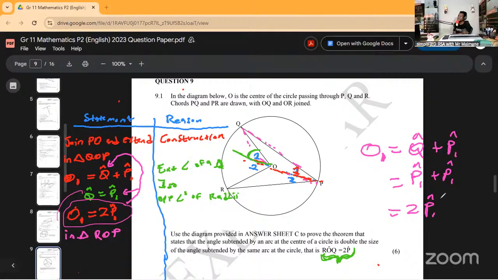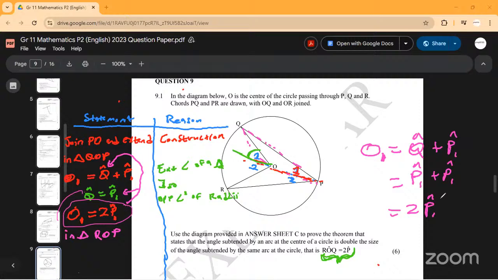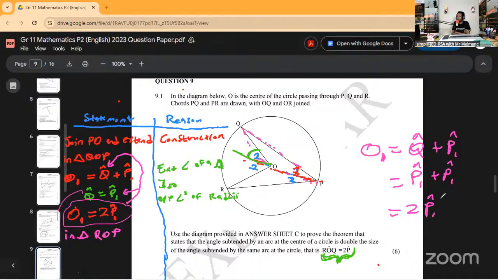Some of the things, after I created the equation of O1 being equal to Q plus P1, now I have equation 1. And then I have another equation that says Q is equal to P1, which is because of the radii. Then I used both equations simultaneously to substitute P1 where there's Q to get O1 equal to 2P1.